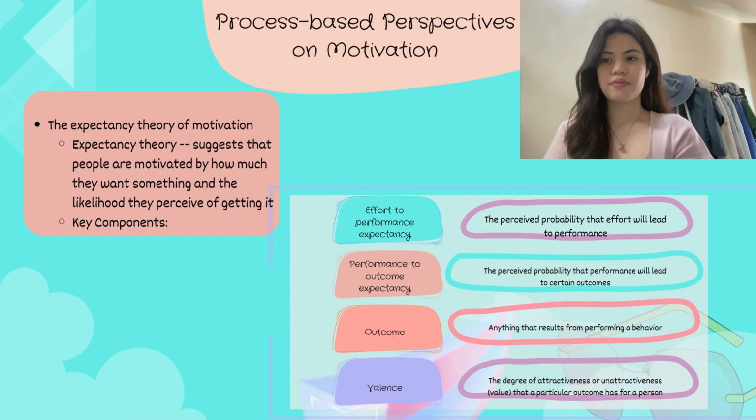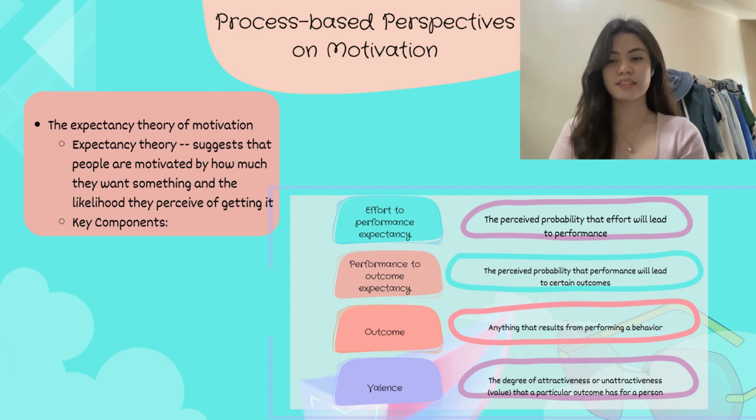Performance-to-outcome expectancy, the perceived probability that performance will lead to certain outcomes. Outcome, anything that results from performing a behavior. Valence, the degree of attractiveness or unattractiveness that a particular outcome has for a person.